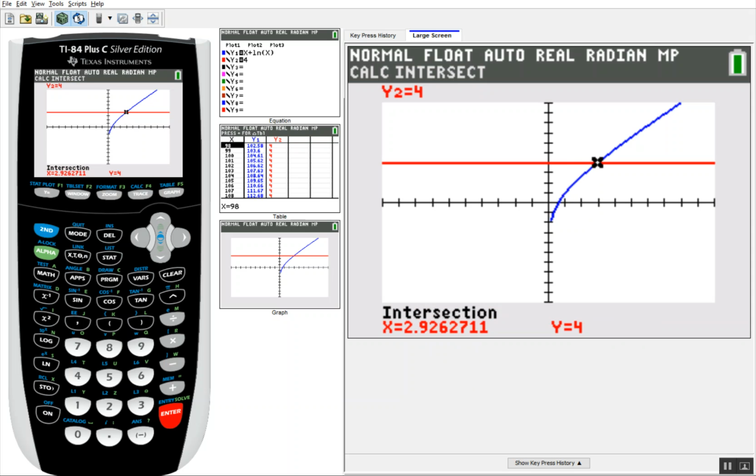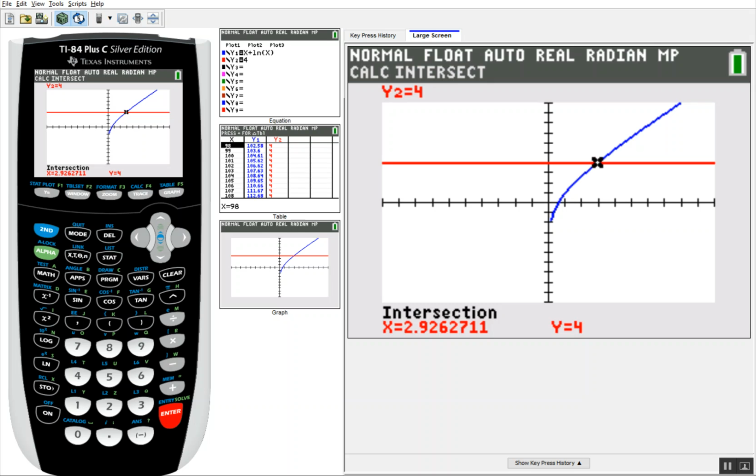And after a little calculation, it looks like the point of intersection is at 2.92627, and the y value, not surprisingly, turns out to be 4. So x equals 2.9 is the solution to this equation.